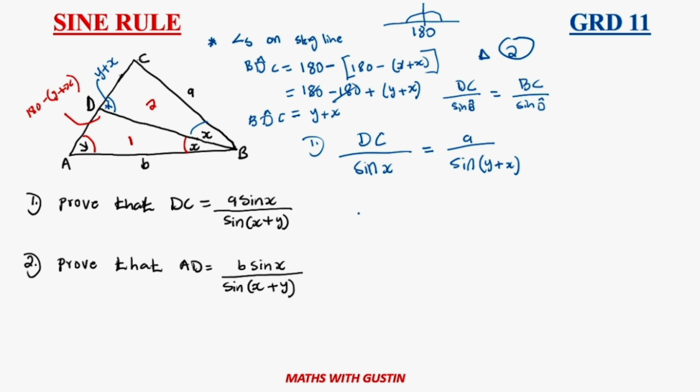Let's go ahead and make DC the subject of the formula. DC is equal to a sin x, when we cross multiply, all over sin(y plus x). I just cross multiplied and made DC the subject of the formula, and that's how you would deal with a question like this one.